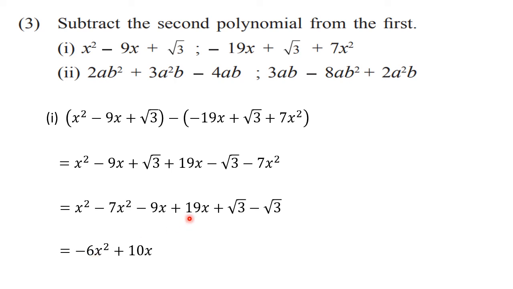Okay. Similarly here minus 9x and plus 19x. See, this is negative and this is positive. So again you are going to subtract the numbers. 19 minus 9 is 10. But 19 is positive, the bigger number, so the answer is plus 10x. So minus 6x square plus 10x is the answer. See, this is cancelled. Plus and minus, it is cancelled. The answer is 0.